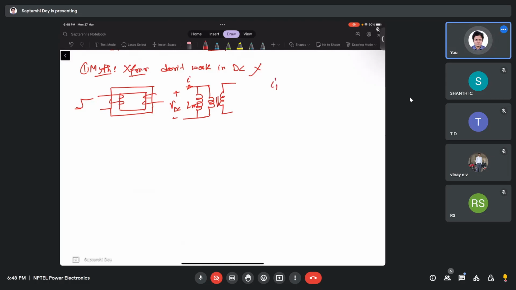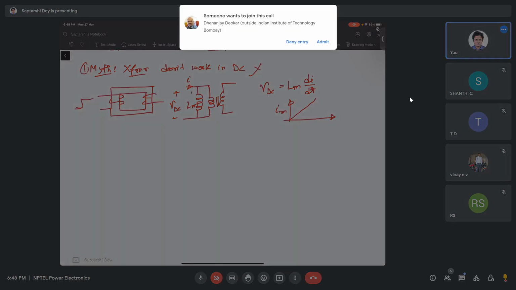If there is no load in the secondary, then VDC equals Lm di/dt. Now how will the current look? The current will look like this. This is Im.